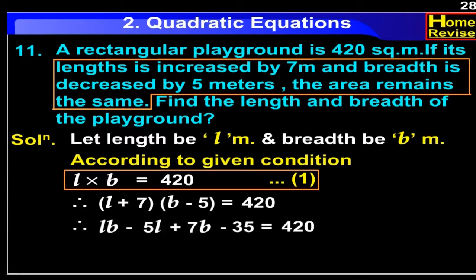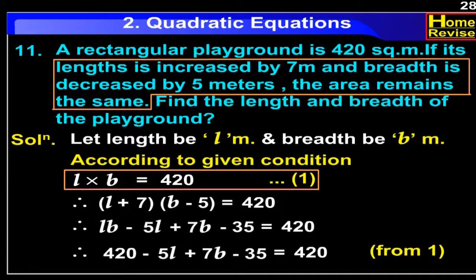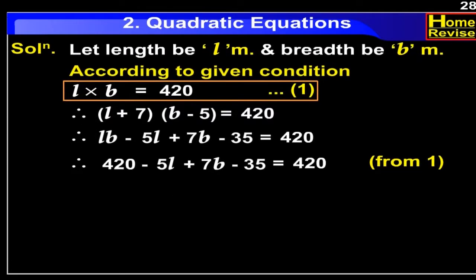Putting this value, we get 420 minus 5L plus 7B minus 35 is equal to 420. 420 gets cancelled out on either side and we have minus 5L plus 7B is equal to 35.